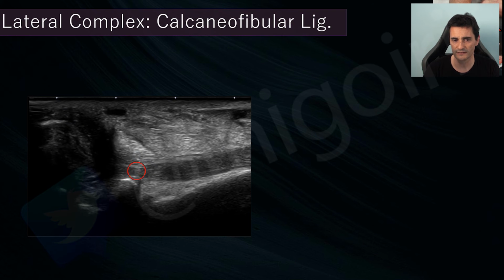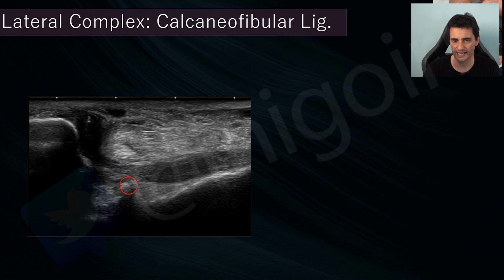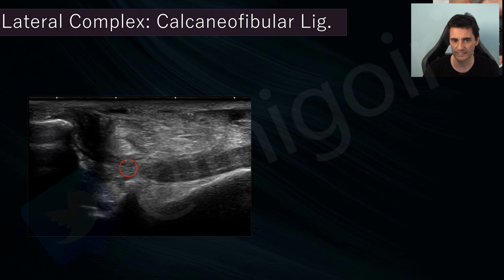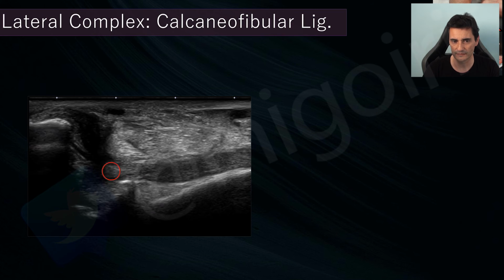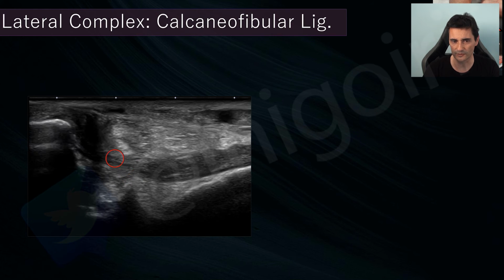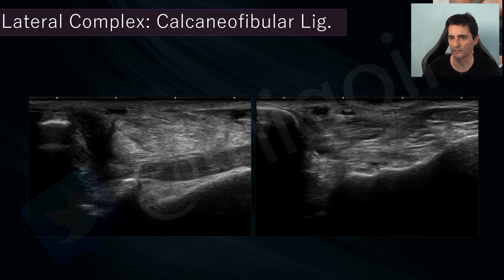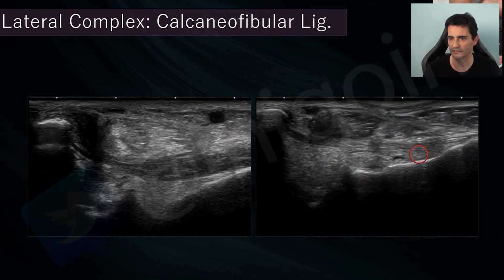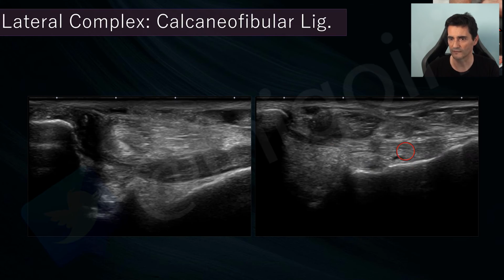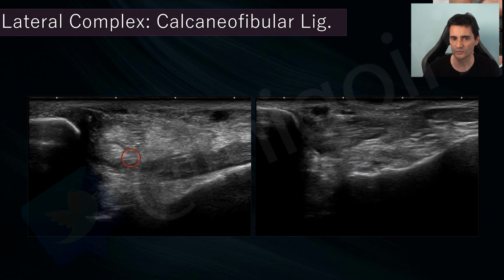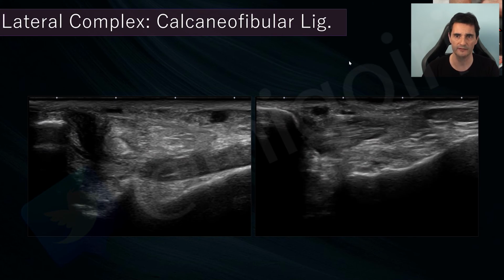You can see here how this ligament is narrow here. We can still see fibers, but it's narrower. Okay, and in the contralateral side, you can see the ligament with its normal aspect, its normal shape. Okay. So this is surely a grade 2 injury of the calcaneofibular ligament.